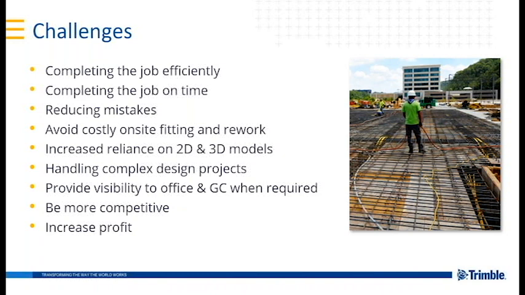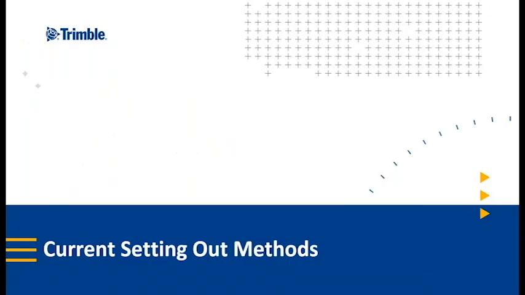They want to see these data-rich platforms and data-rich models out on site that people can use as reference, moving away from 2D drawings, paperwork, whether these drawings are up to date. So handling all of this information out on site, and we want to give everybody visibility of what's being produced in the office, and then giving the same visibility back to the guys in the office of what's going on out on site as well. And then the big one, the most important one that everybody's wanting to do is they want to increase their profit. So, again, just reducing that risk.